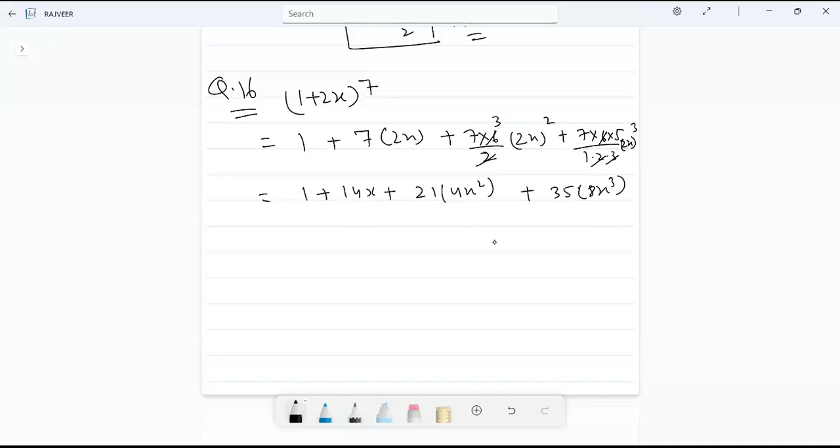So we have 1 plus 14x plus 84x square plus 280x cube. This will be the answer of the first part. And second part, we have hence determine, it was part A, now part B.